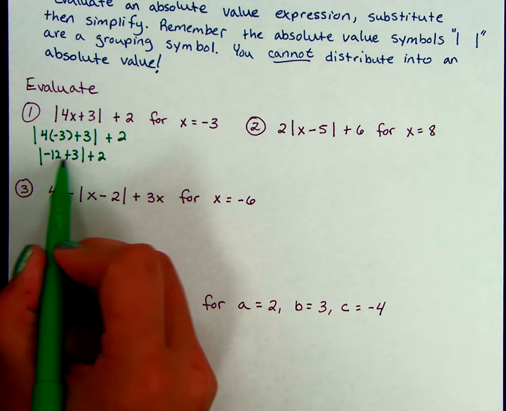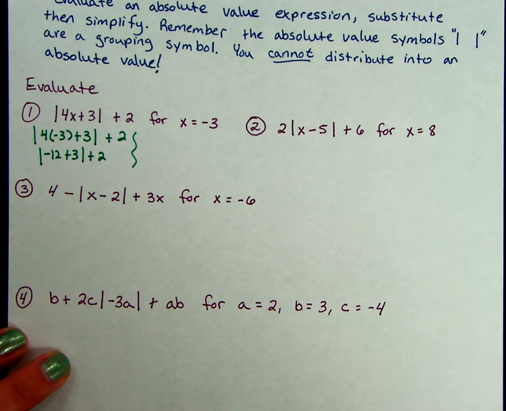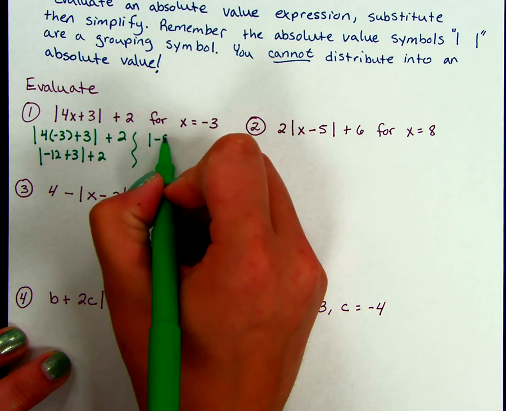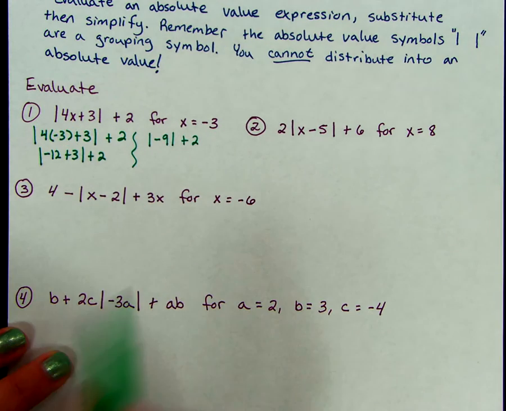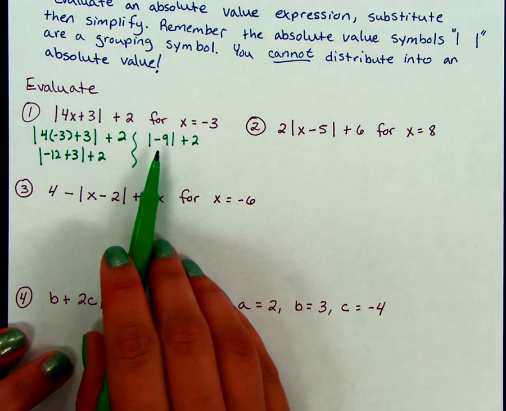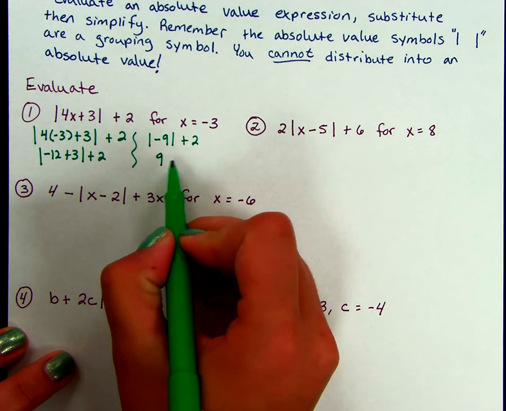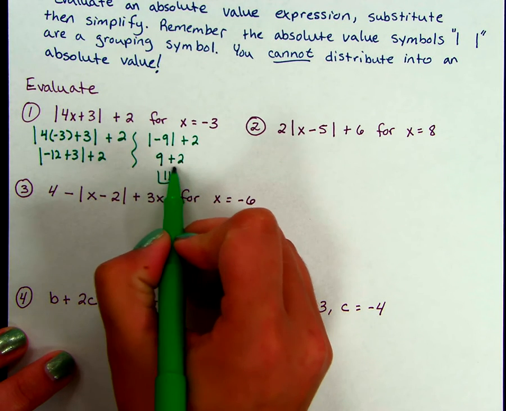So next thing, we're combining the -12 and 3 together. So -12 plus 3 is going to be -9. So absolute value of -9, and then plus 2 on the outside. So again, this is asking us how many units is -9 away from 0. So that's going to be 9 plus 2. Final answer is 11.